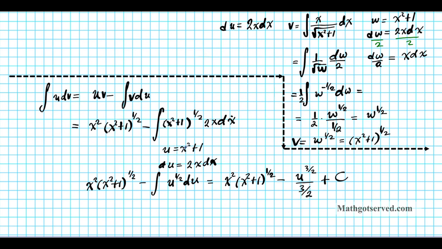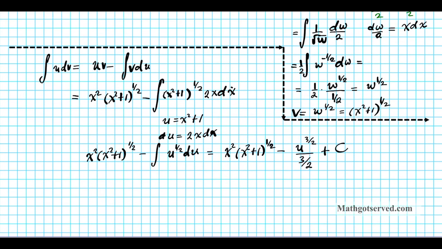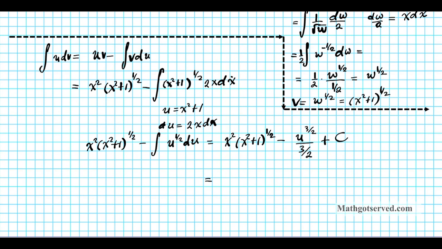We know that u is x squared plus 1. So let's apply that back. Our solution is x squared times x squared plus 1 raised to the 1/2 minus, multiplying the numerator by the reciprocal of the denominator, 2/3, and then u becomes x squared plus 1 raised to the 3/2, plus c. So there is your answer.